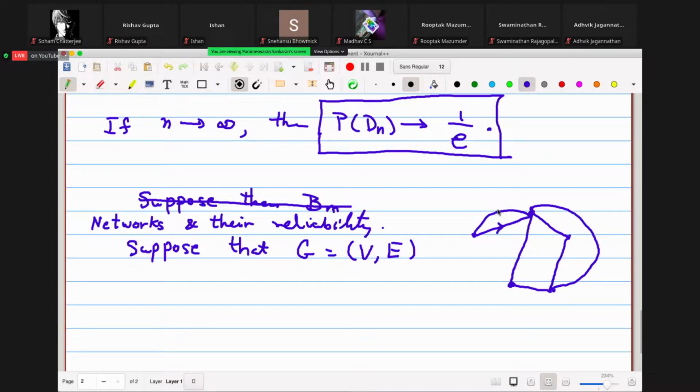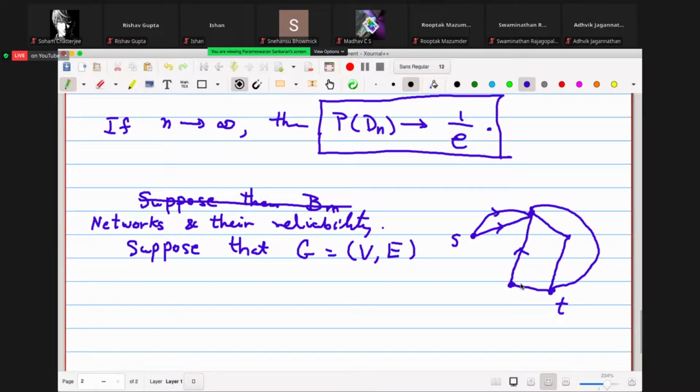But always directed graphs. So let us assume that there is a source and a sink. This is a source, maybe this is a sink. It doesn't really matter. So source and target. There are ever so many models, some directed graphs. Some edges can be going this way, another can go this way.